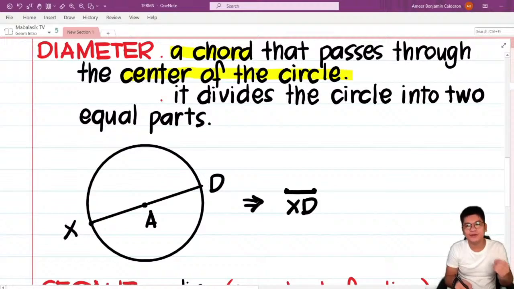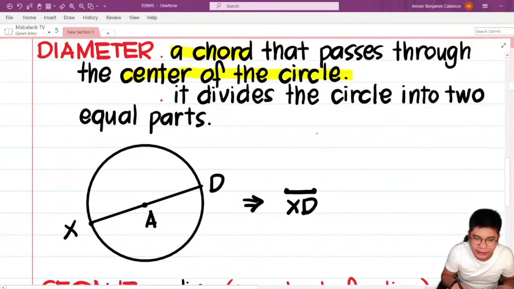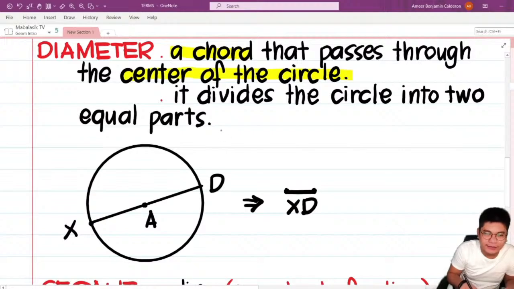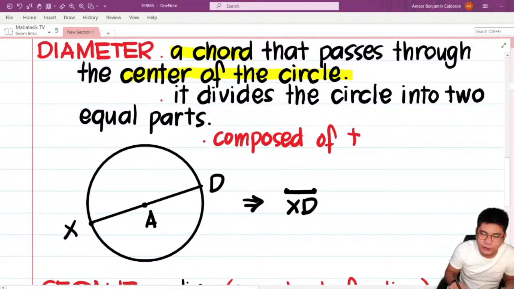Actually, it is composed of 2 collinear radii. Pag sinabing collinear, sulat ko nga dito, as another characteristic, composed of 2 collinear radii.